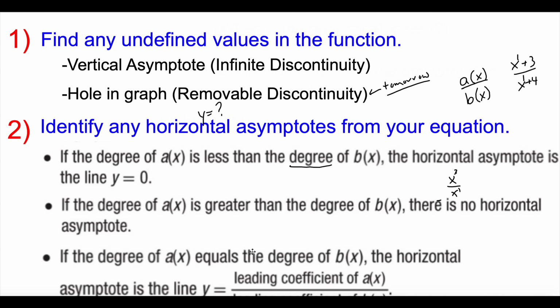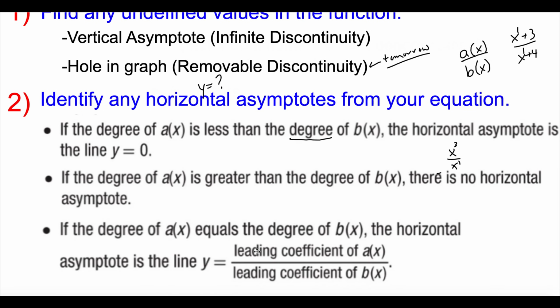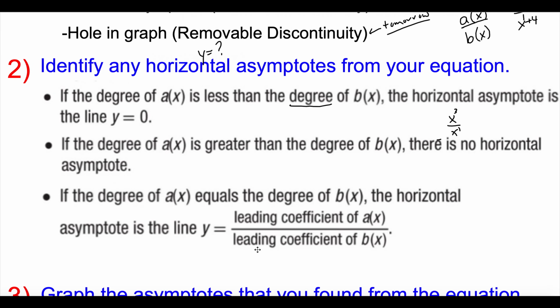Okay, and one more here. So if we have the top and bottom have equal degrees, okay, so that would be like this one right here. They're both a degree of 1. If the degree of the top equals the degree of the bottom, the horizontal asymptote is the line y equals leading coefficient over leading coefficient. Okay, the leading coefficient comes from the variable. In this case, my leading coefficient is just a 1 here and a 1 here, so I would have a y equals 1.